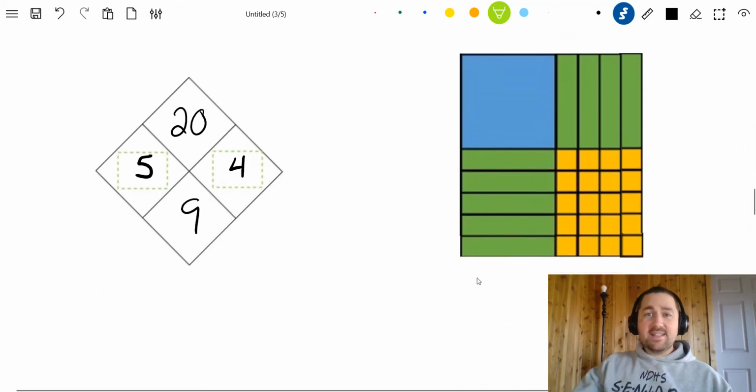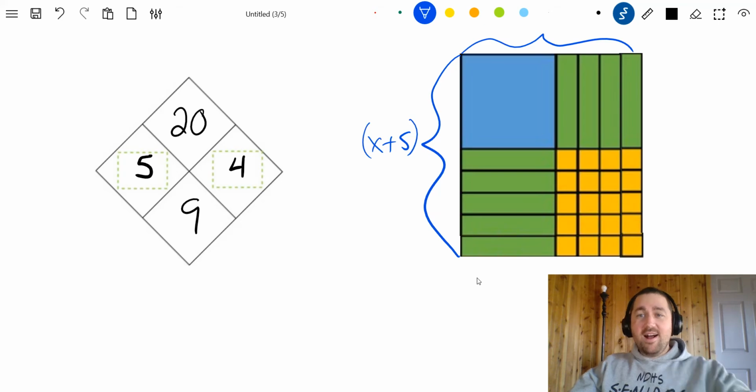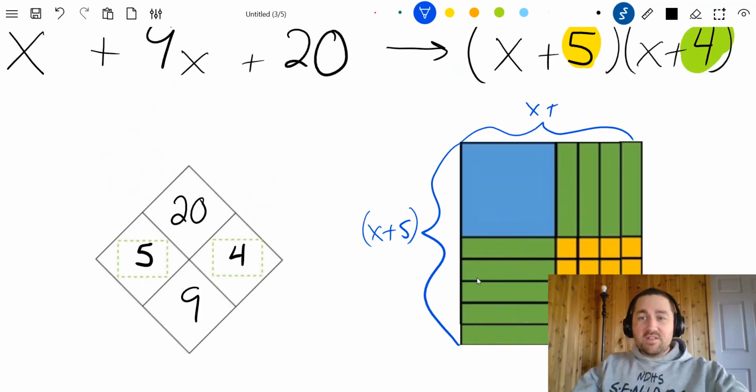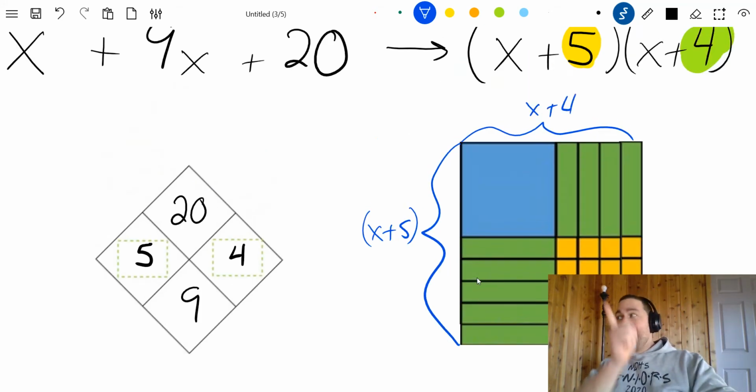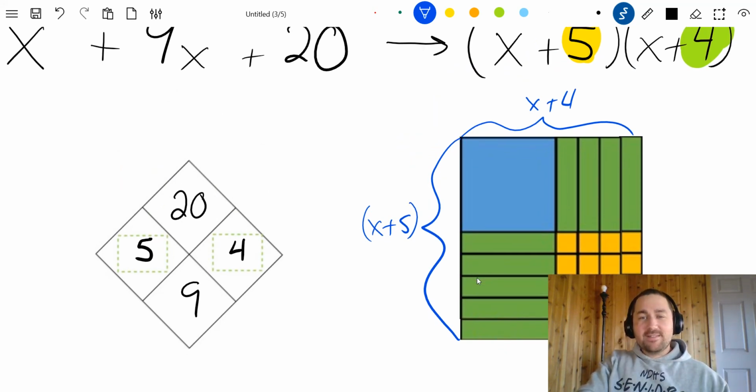And let's look at these lengths here. Well, this length right here is x plus 5, right? And this top length here is, haha, x plus 4, which are the exact factors we got when we factored this.